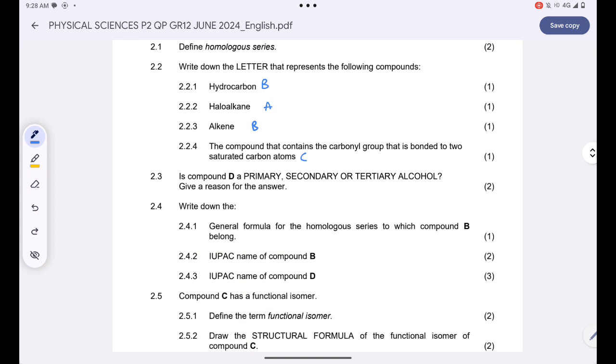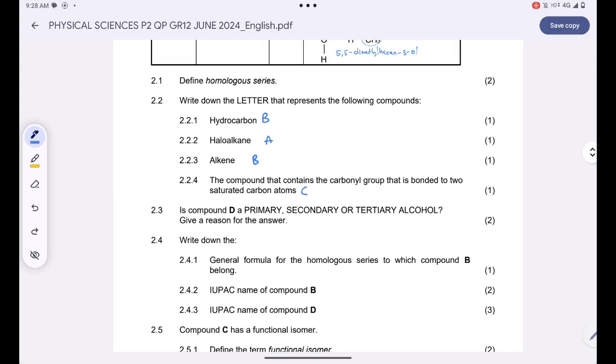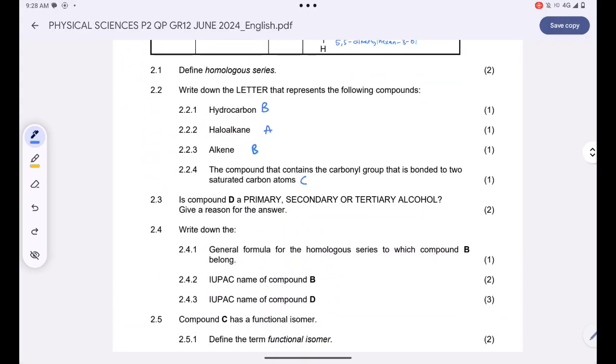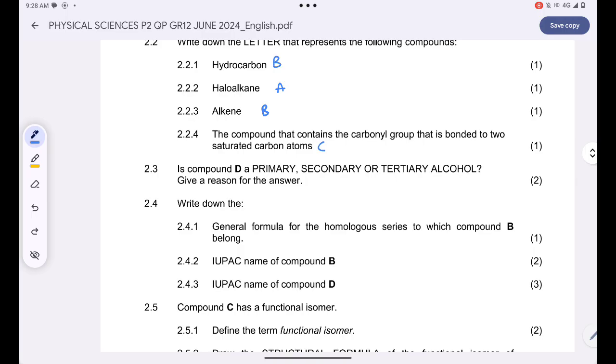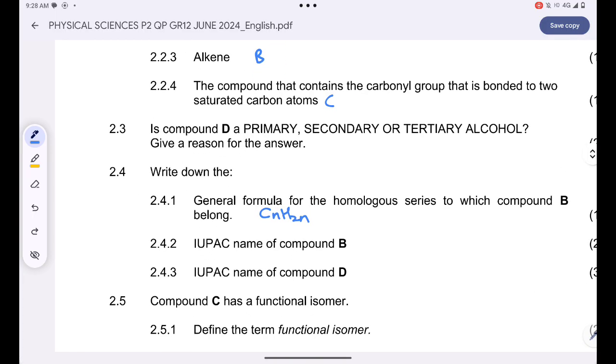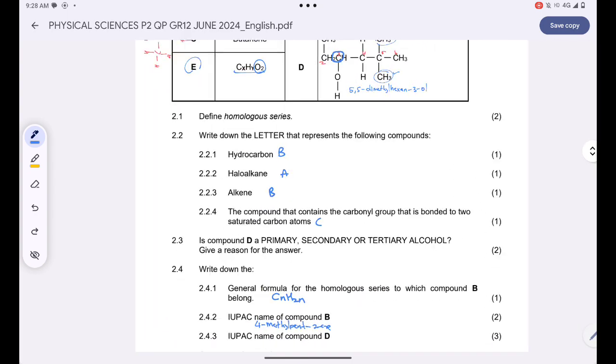Okay, and then 2.4, they want us to write down the general formula for the homologous series to which compound B belongs. Compound B is an alkene. So the general formula for alkenes is just CnH2n. The IUPAC name of our alkene, we said it's 4-methylpent-2-ene, right?